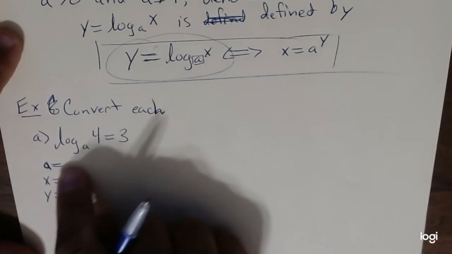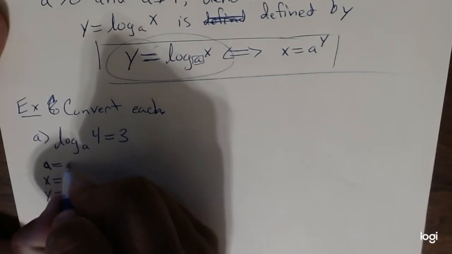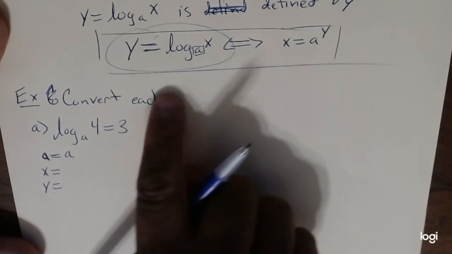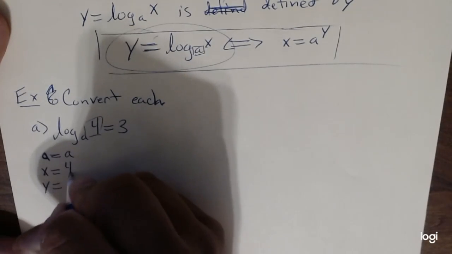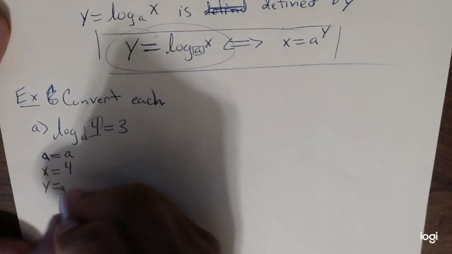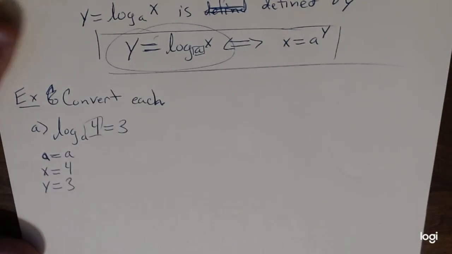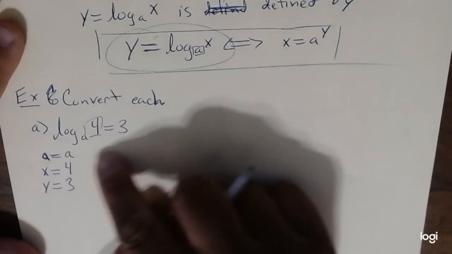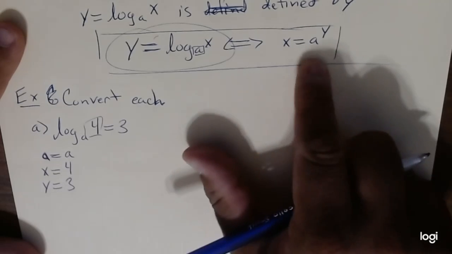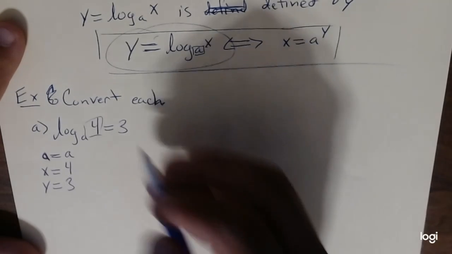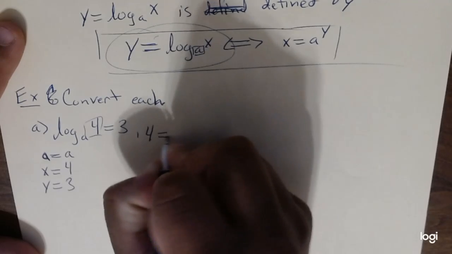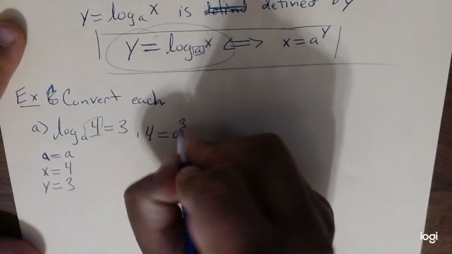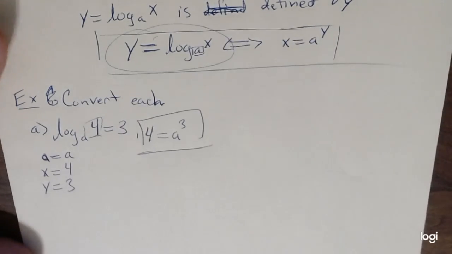So for example, a is always the base, so this is just a. x is what's being evaluated, which is the 4, and y is what it is equal to, in this case, 3. Now to convert this, we just plug in the 3 letters or numbers where they're supposed to go. So now we have x equals, so 4 is equal to a to the 3rd power. And that is how we're going to convert it.